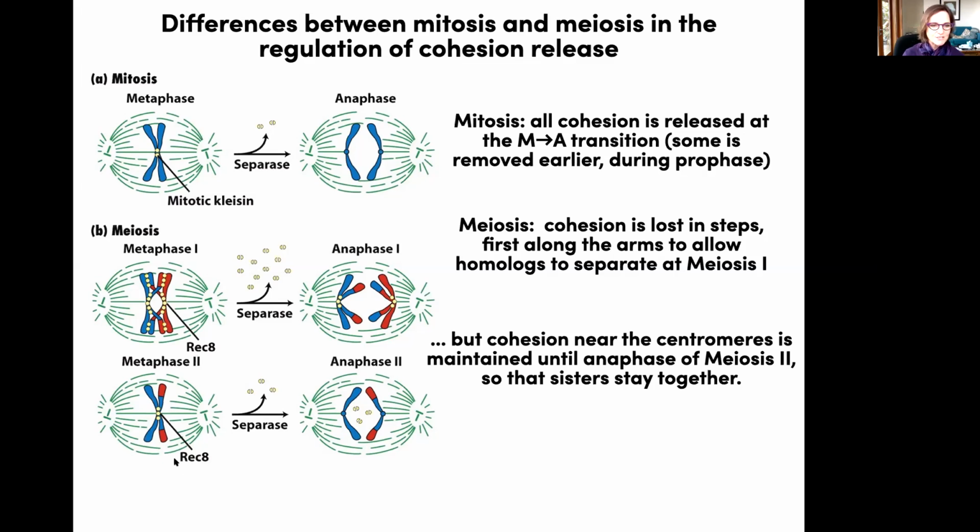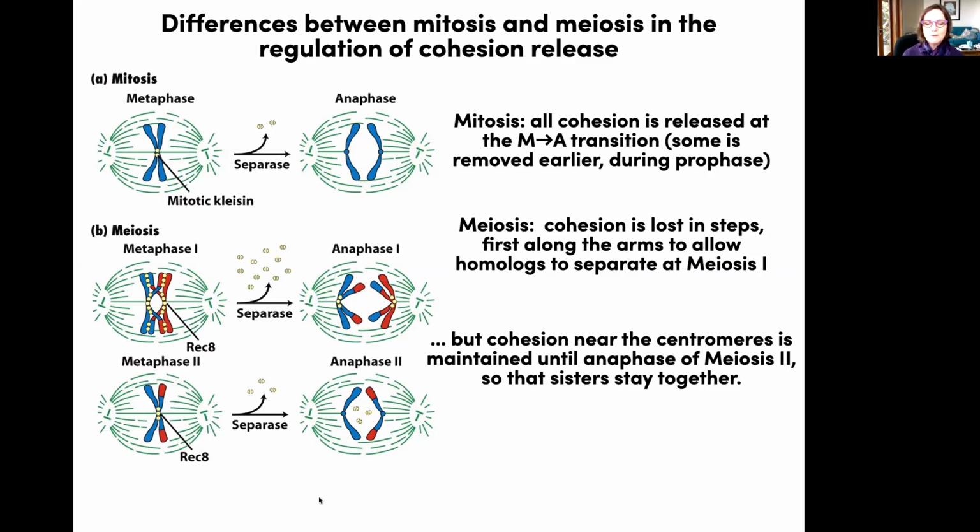This is actually kind of an old idea, that we thought that was mediated by a special cohesin subunit called REC8, but it turns out that that's not enough. There's actually a protein called shugoshin, which is a Japanese word meaning guardian spirit, that is recruited to the kinetochore region and protects the cohesion from being dissolved at that division.